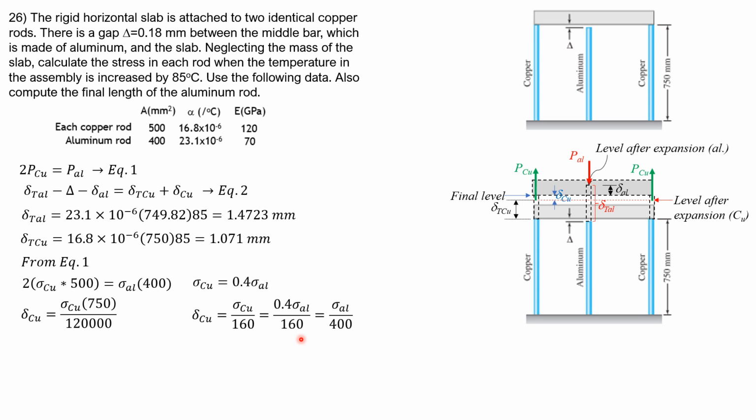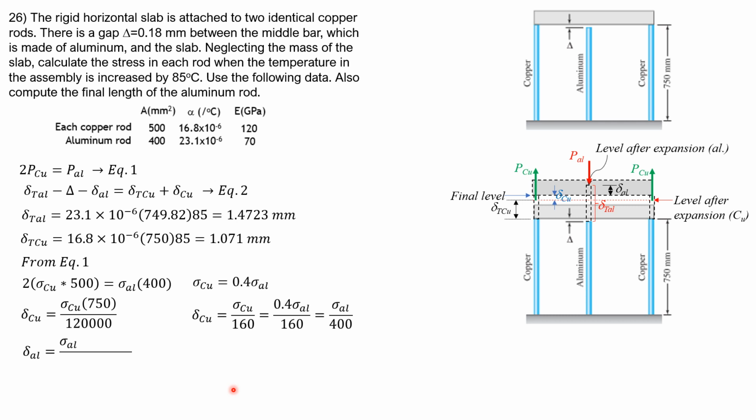So that would be stress in aluminum over 400. By the way, the stress in copper is 0.4 stress in aluminum, divided by 160 from this. So simplifying, it is stress in aluminum divided by 400.